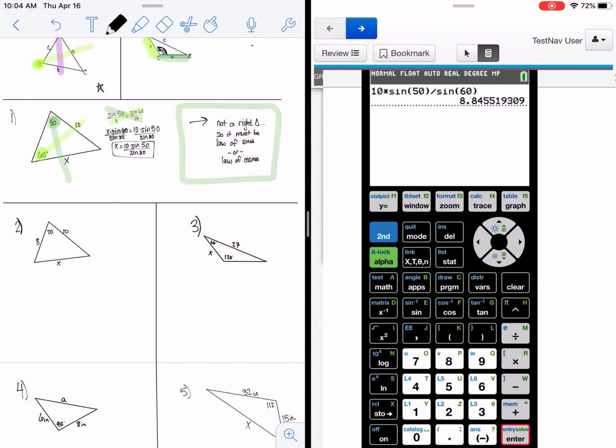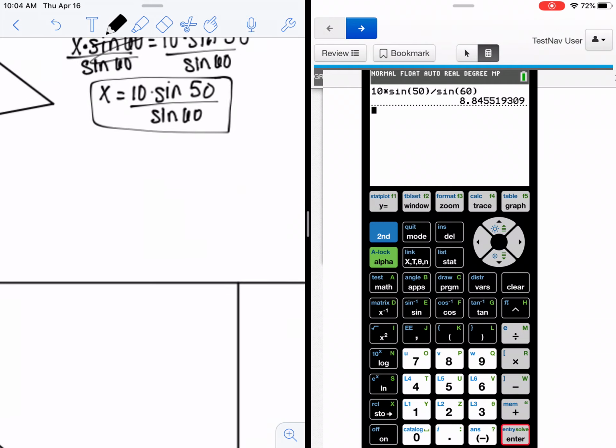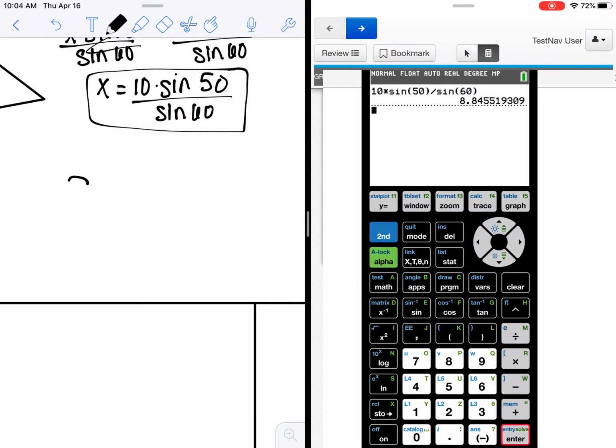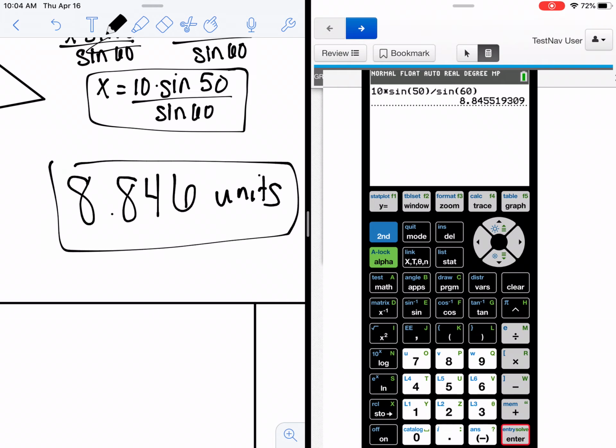And when I type that in, that's going to give me this decimal. I want it rounded to, let's say, 3 decimal places. 8.846 units. So that shows you how to put it in the calculator, side by side.